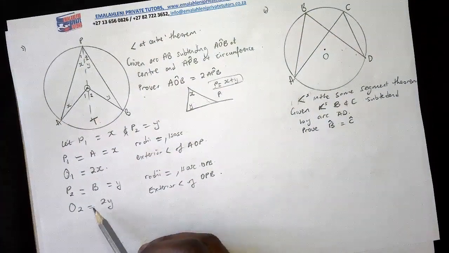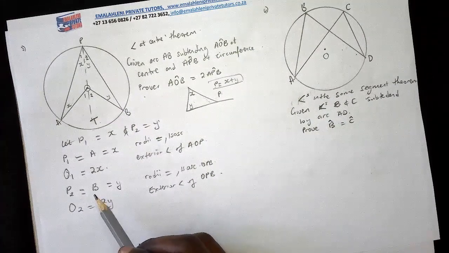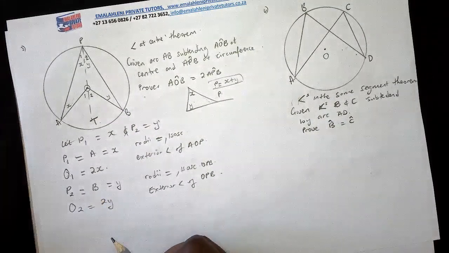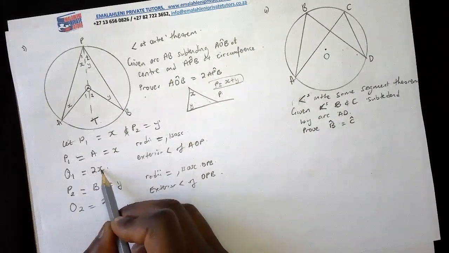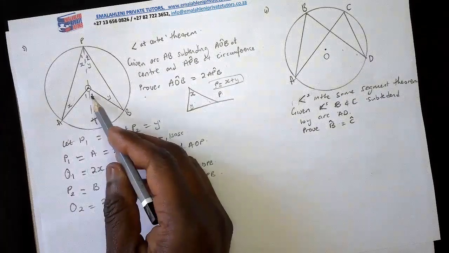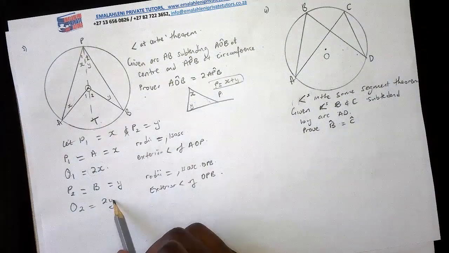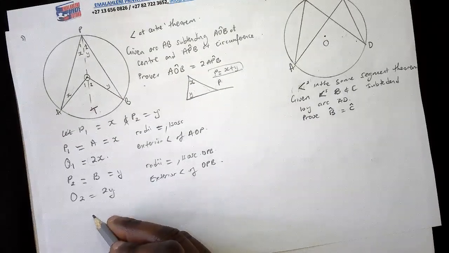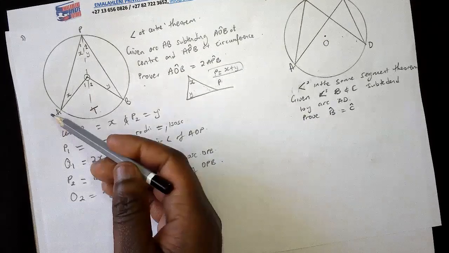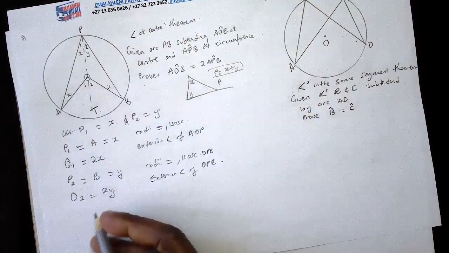Then now, what we see is that we have got O1 is 2x and O2 is 2y. Now, what do we do from there? AOB, how do we get AOB?